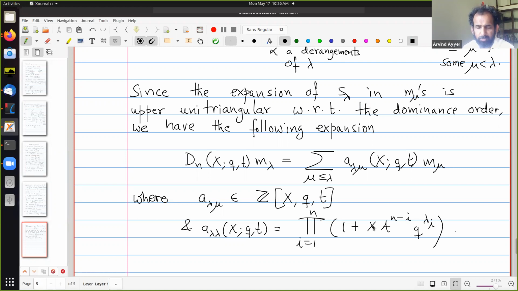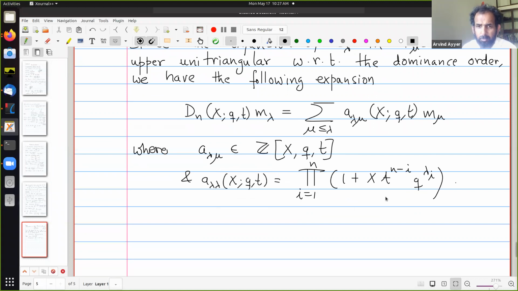So the diagonal coefficients are nice, but in general, you are always going to get polynomials with integer coefficients.